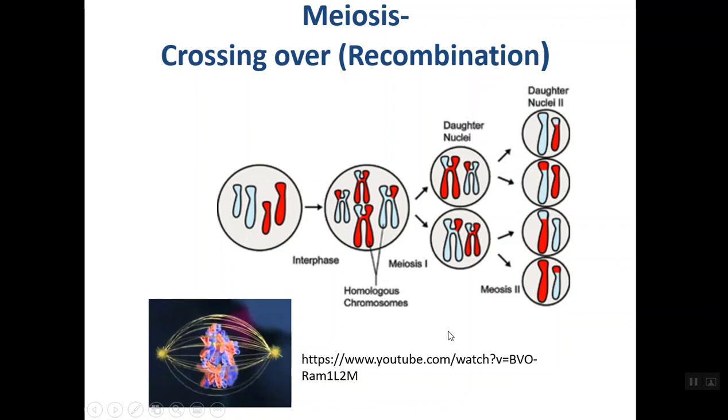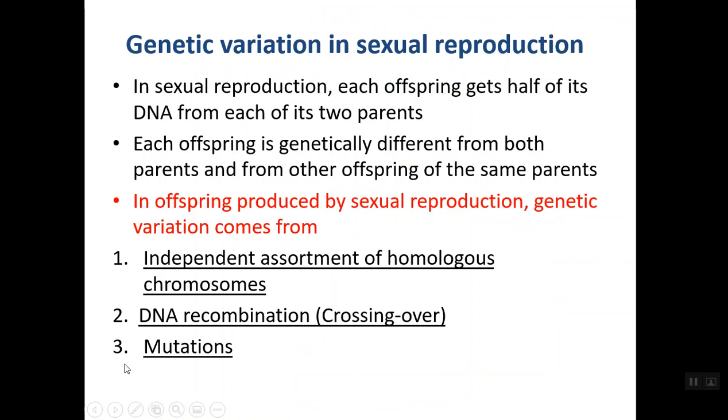All right, so independent assortment gave us a lot of variability. Crossing over does give us even more variability. Okay, this is independent assortment, and this was the crossing over. But we know that there is another element here that can always happen, another element of change, because remember, no matter if you're doing mitosis or meiosis, before a cell division, the DNA must be duplicated. And that event itself has an intrinsic possibility of error in it.